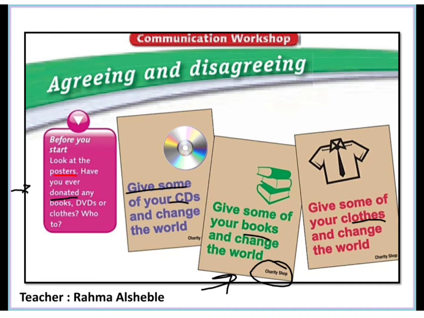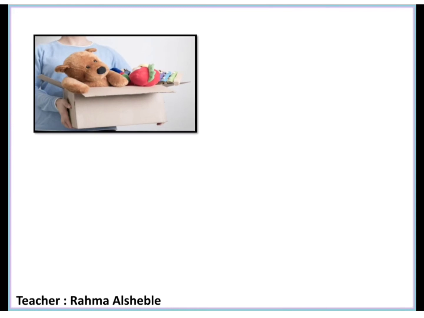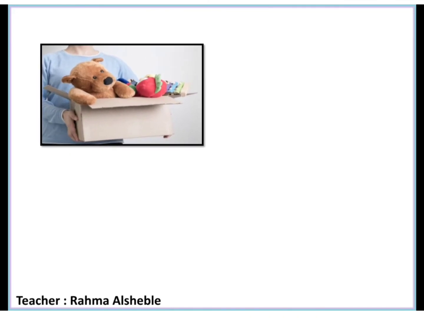okay إذن again, have you ever donated any of your things؟ هل عمركم تبرعتوا بأشياء عندكم؟ طب what kind of things؟ ممكن CDs زي ما قلنا، books or clothes. Again, what kind of things that you can donate? Toys maybe.